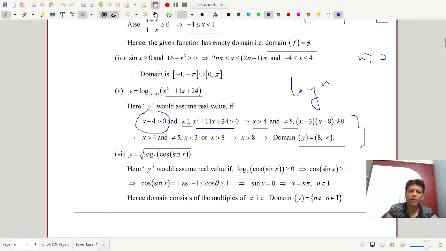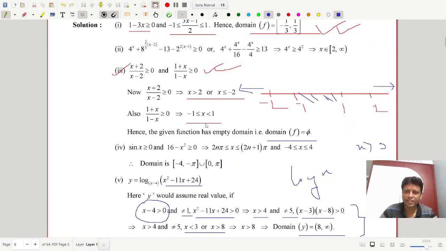Now, you have learned this part, or you want an explanation of this part again? X minus 3 into x minus 8 greater than 0, you can do this as before. It is x less than 3 or x greater than 8. So you take the number line and take the intersection portion. Am I clear, everybody? Yes, sir. Okay. That's it.